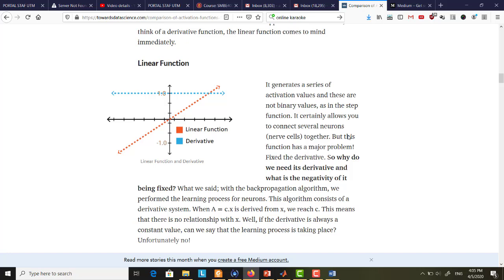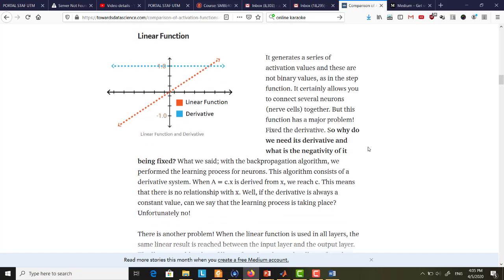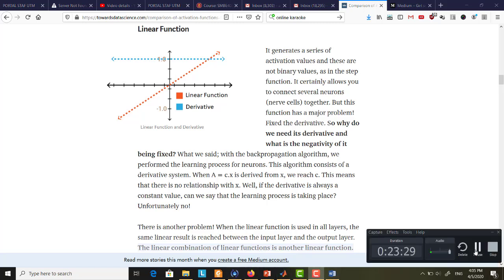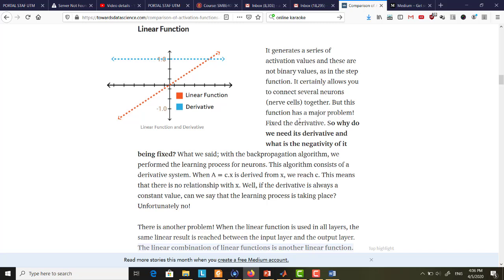But when you have a fixed derivative, that will become the problem. Why? Okay, you can refer to the discussion over here.